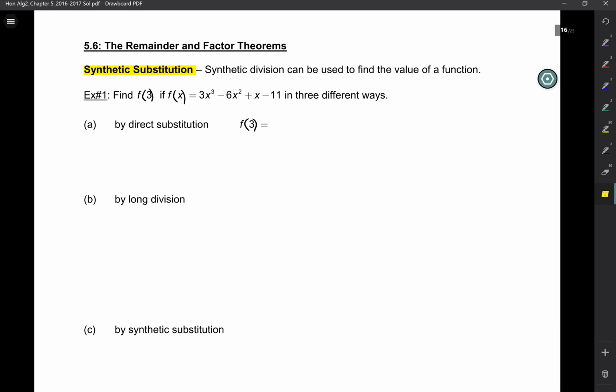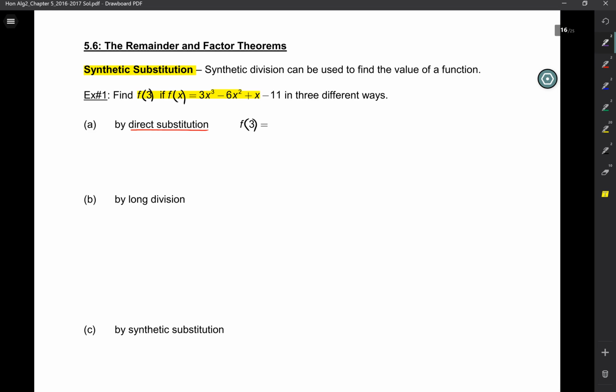So here we're given an f of x, and we want to find f of 3. We're first going to do it by what we call direct substitution. This is what you call plugging it in. Mathematicians call it direct substitution, because you directly substitute 3 for x.